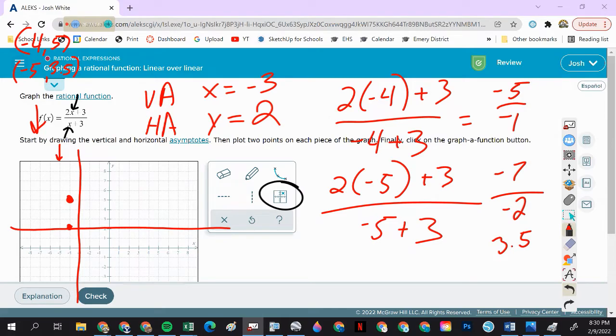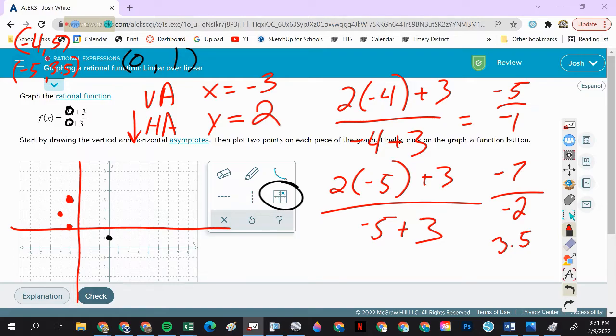I use my coordinate plotter. -5 comma 3.5 would be right here. So now I have 2 points on the left. Now I need 2 points on the right. And looking at this equation, zeros would be really nice. If I type in 0, I end up with 3 divided by 3, which is 1.